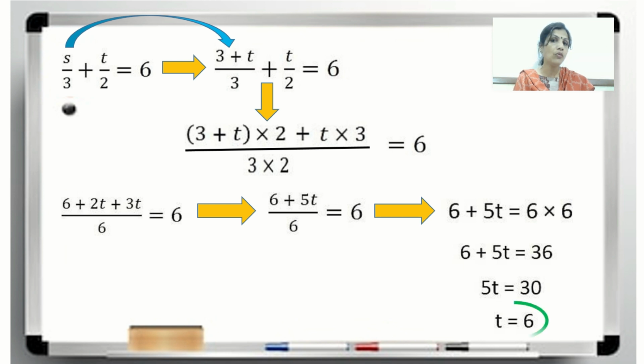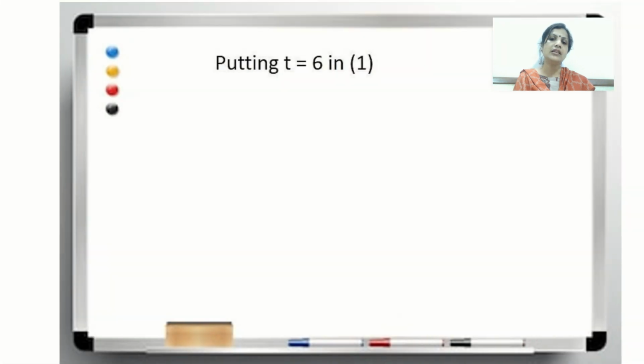Now we got the value of t from equation 2. Let us substitute this value of t in either equation 1 or 2, and we will get the value of s. So we'll put t is equal to 6 in equation 1. Our equation 1 is s minus t is equal to 3. If we put t is equal to 6 there, we get s is equal to 3 plus 6, and 3 plus 6 is 9.